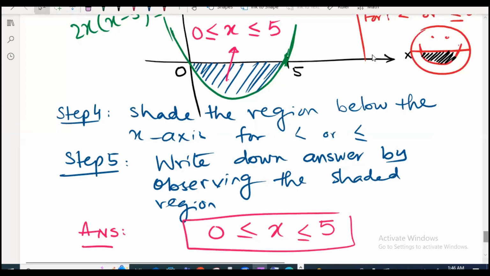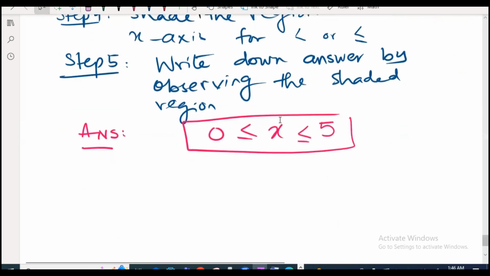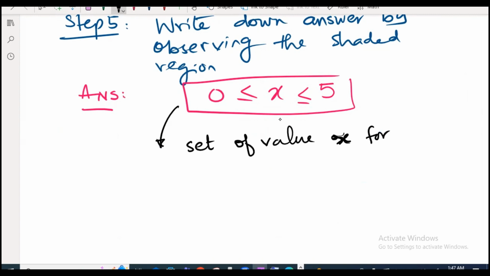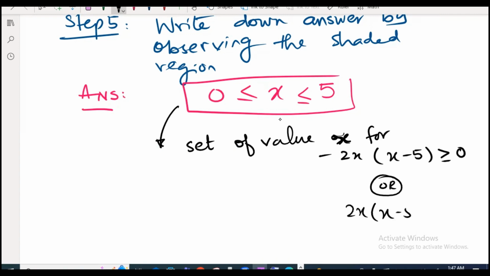This is the set of values of x. This is the solution or set of values of x for minus 2x times x minus 5 greater than or equal to 0, or 2x times x minus 5 lesser than or equal to 0.